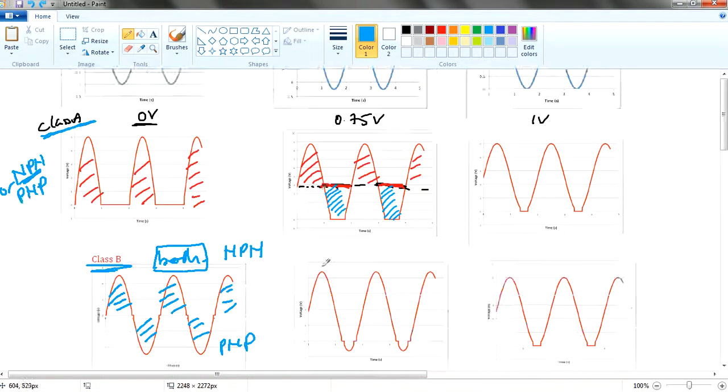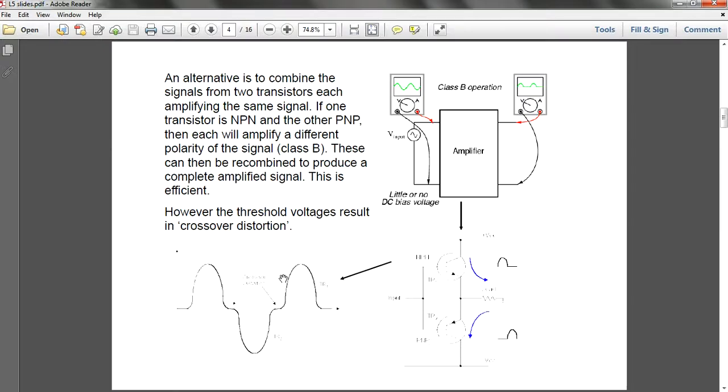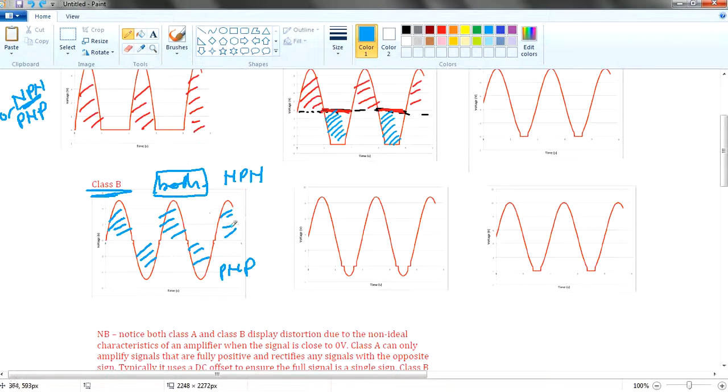This is why it also says that this is efficient. Why?